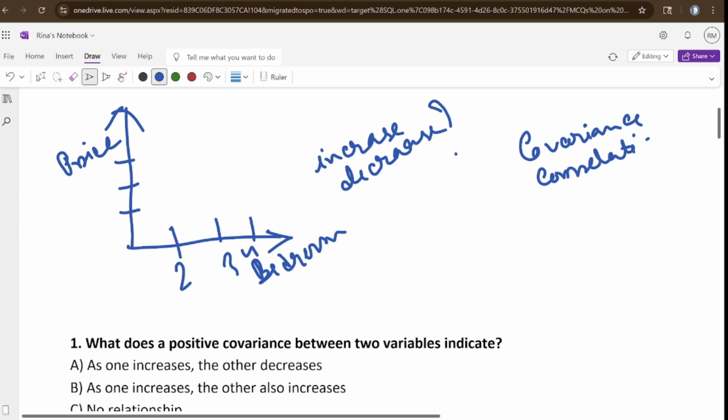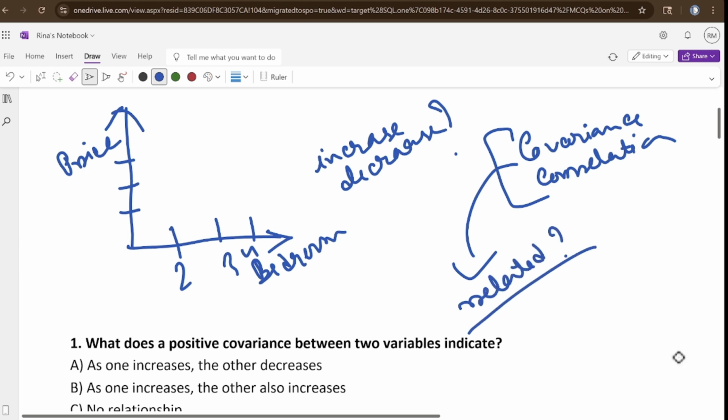Now what is the difference between these two? Covariance tells you whether they are related or not. It will tell you that it is positively related or negatively related or not related at all. But correlation will take you one step ahead. It will tell you how strongly they are related.